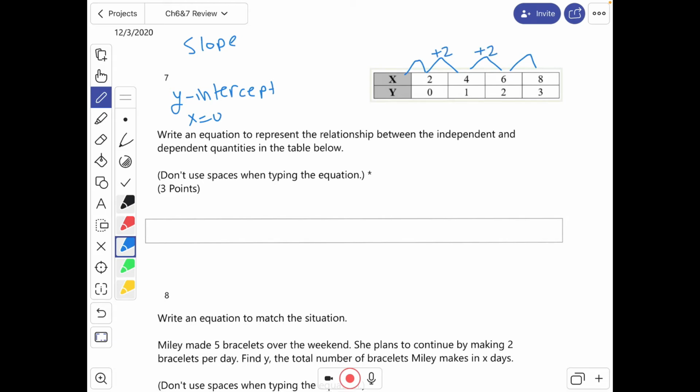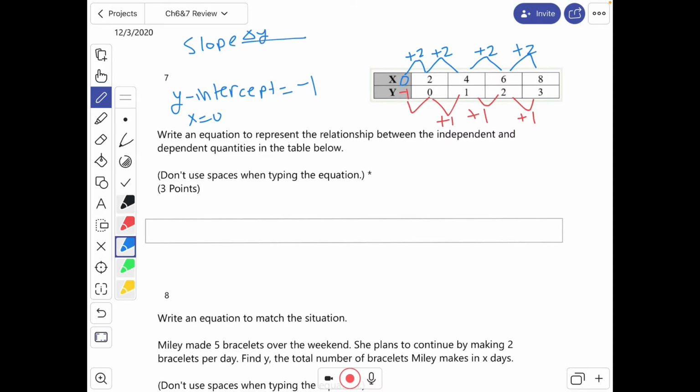So it looks like every time they are counting by 2's. So if I go back from 2, that would be 0. So on the bottom, what are they counting by? 1's. So if I go backwards from 0, that would be negative 1. So the y-intercept is negative 1.